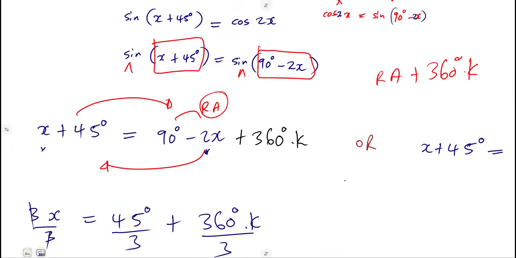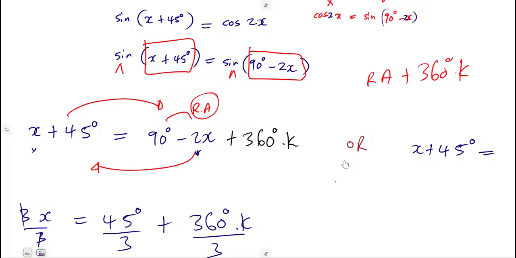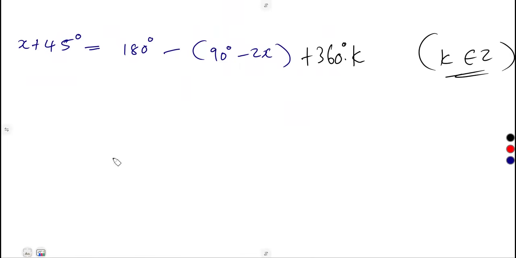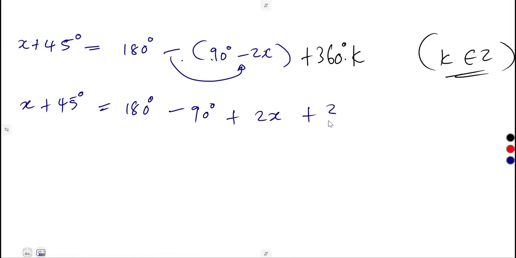Remember, there are two. We said it can be this, or it can be taken when we consider 180 degrees minus the reference angle, this side. So let's see what is going to happen on this other solution. Let's see, x plus 45 degrees is equal to, expand this by the negative, that's negative times 90, negative 90, negative times negative, positive 2x, plus 360 times k. Okay, let's collect the like terms. The 2x to the left-hand side is a negative, so it's x minus 2x, which is what?